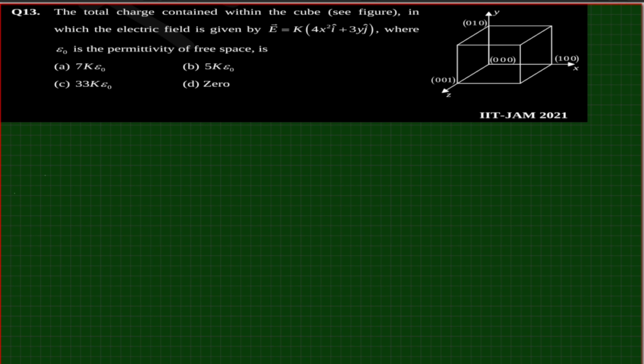So let's come to the next question, and in this question a cube is given through which an electric field is coming out, and we have to calculate the total charge enclosed within this cube through which the electric field is produced. We are using Gauss law here.